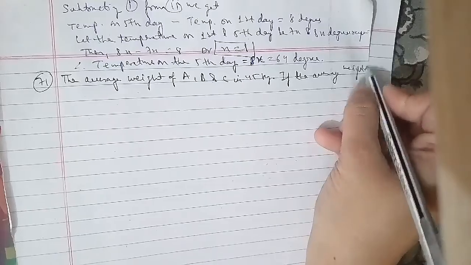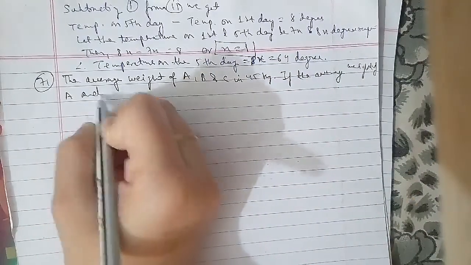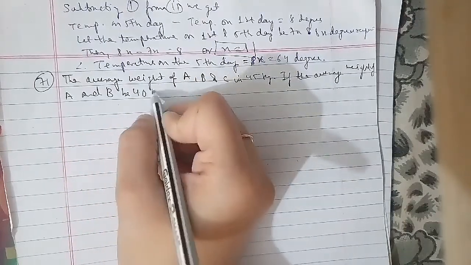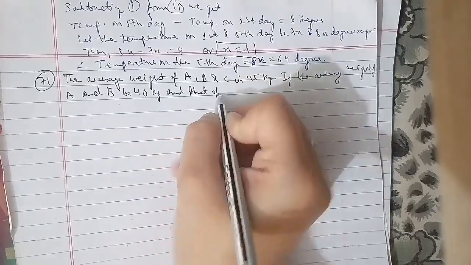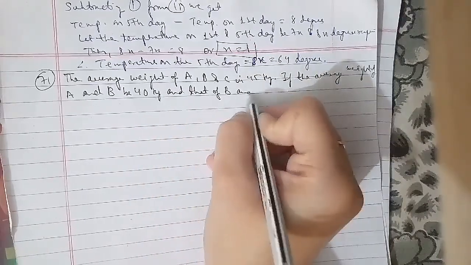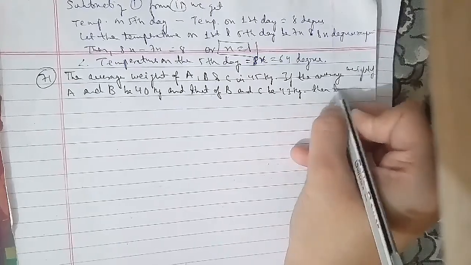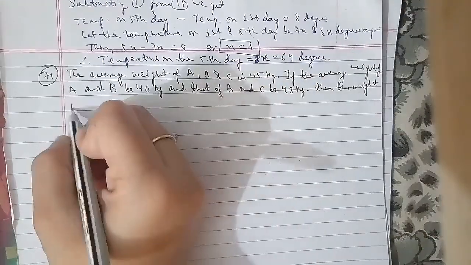Then we have A plus B plus C equals 45 into 3, which is equal to 135. A plus B equals 40 into 2, which is equal to 80. B plus C equals 43 into 2, which equals 86.